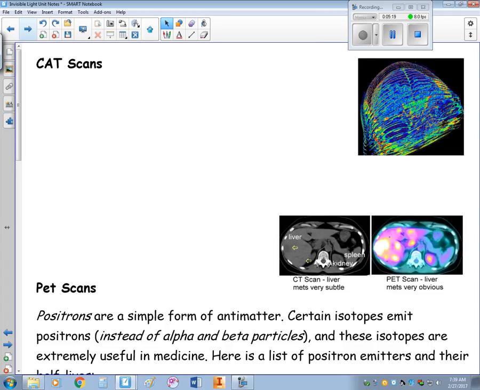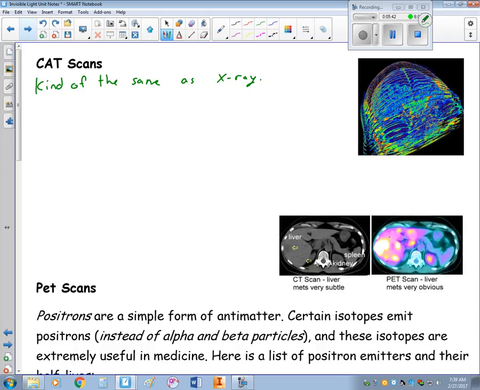The next type is called a CAT scan. And really, this works in the same way that an X-ray works. So here's the difference.